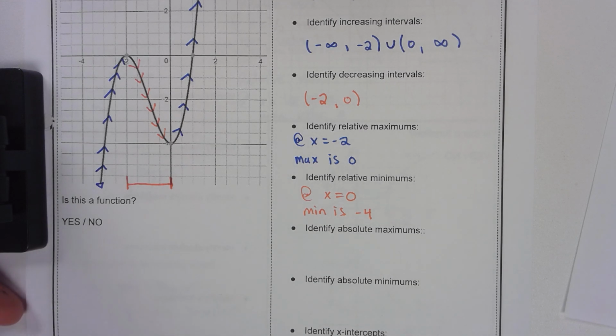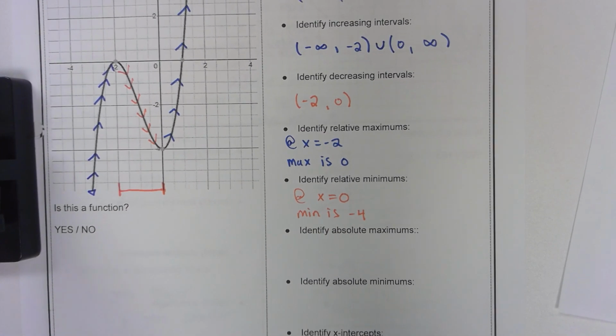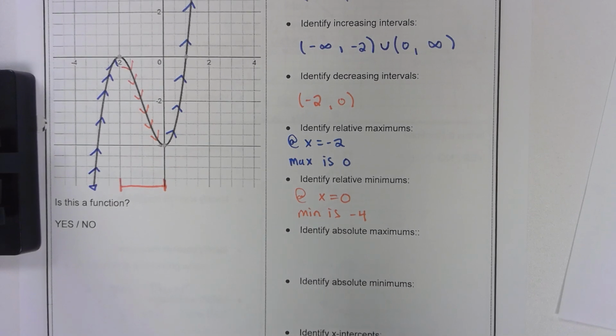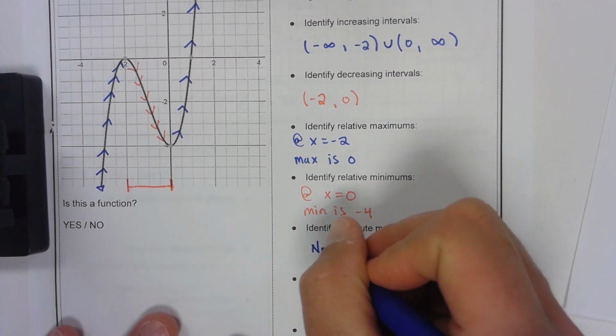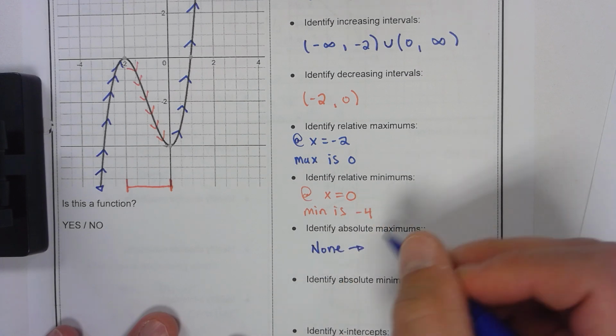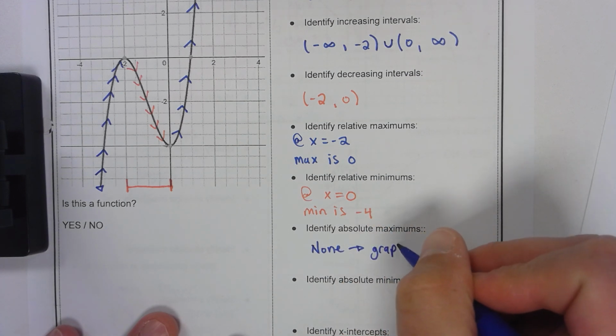All right, we're almost done here, and then we'll stop, at least in terms of me going over this. So last couple things here. The absolute maximums or minimums. It needs to be a specific value. It can't just be infinity. So in this case, there are none, and that's because the graph goes to positive infinity.